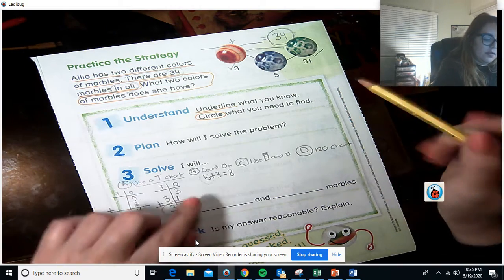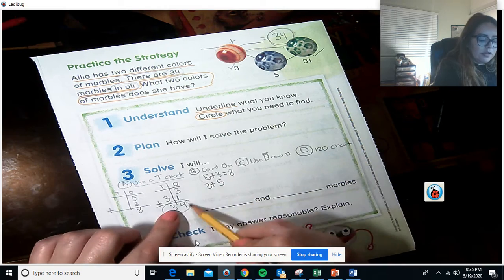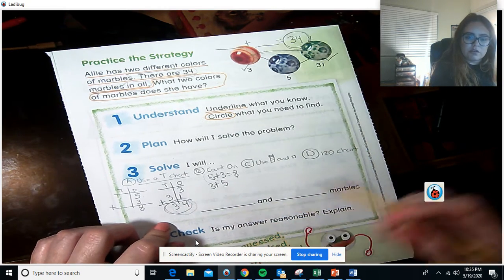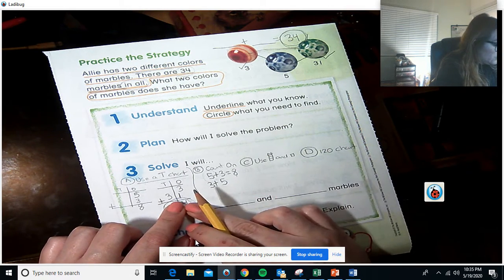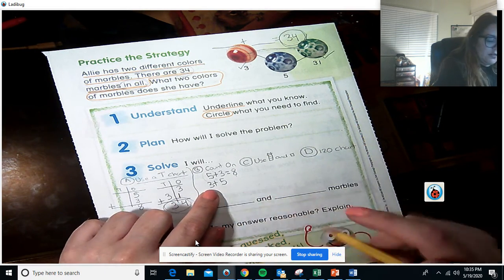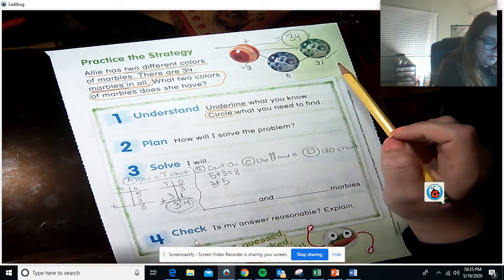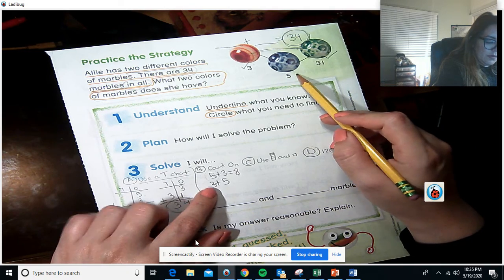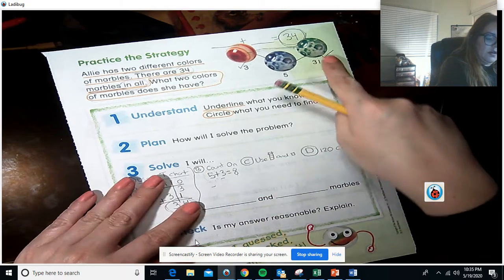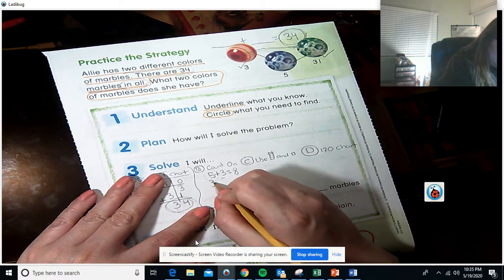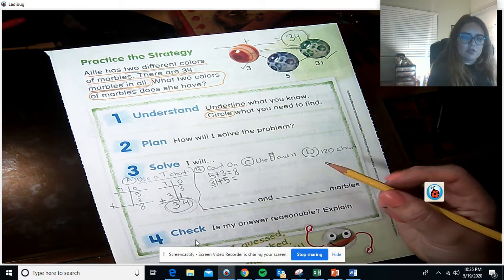Okay, then I'm going to try 31 and 5. 31 plus 5. We already found the answer, boys and girls, but I'm just going over different strategies. So either you can do it like this, or you can count on. Let's see what 31 plus 5 equals.